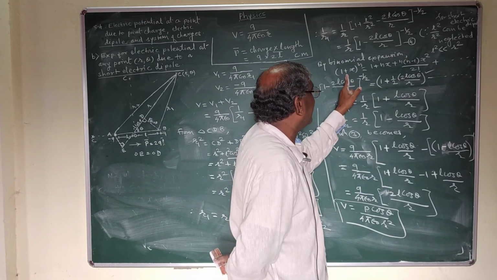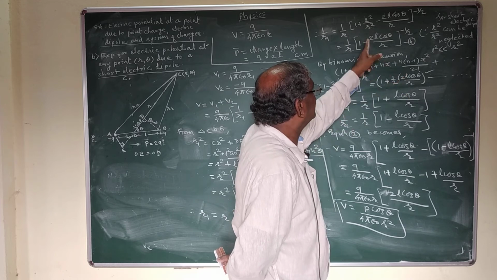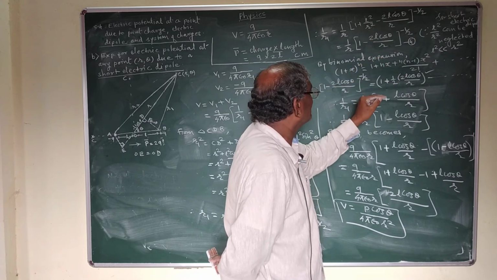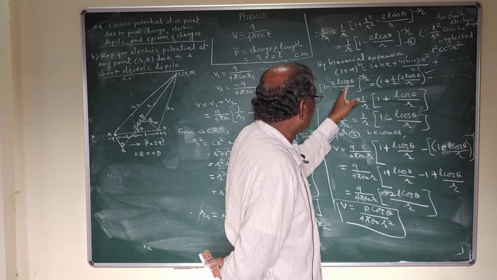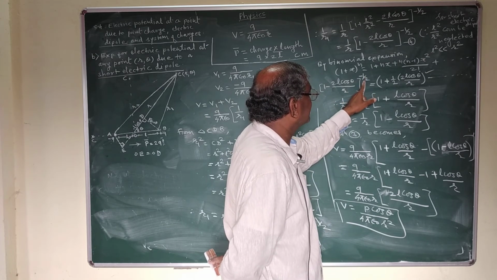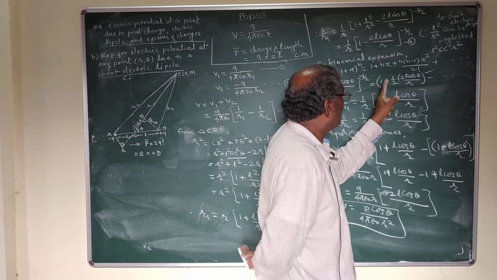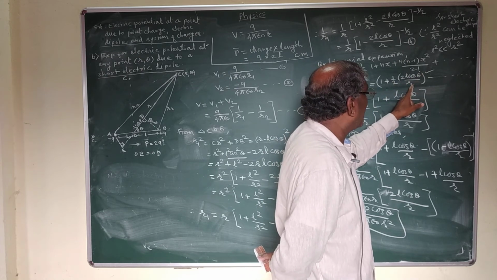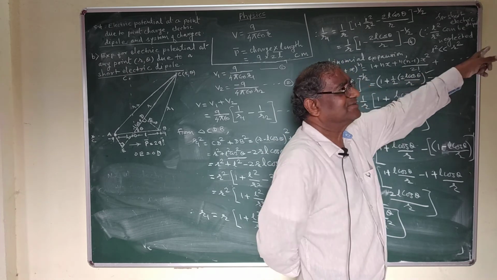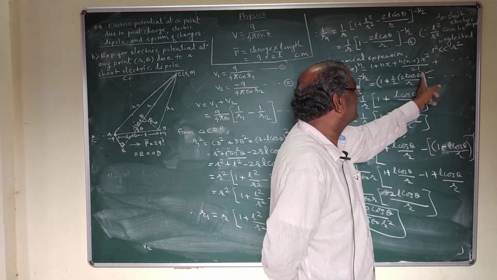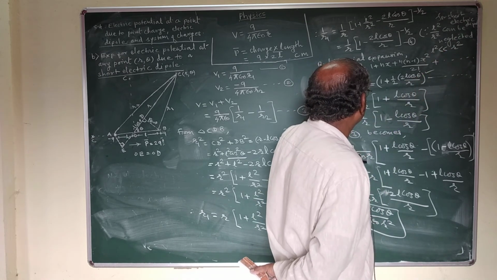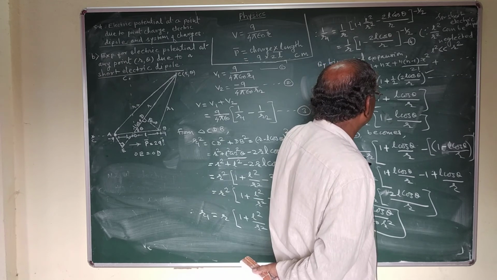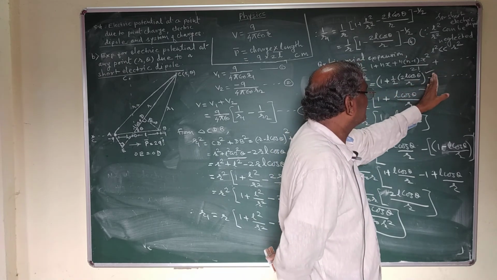But this term is 1 minus. So that 1 minus 2L cos theta upon R to the power minus half is 1 plus half 2L cos theta upon R plus again the next term, the square of this will come, the next term.